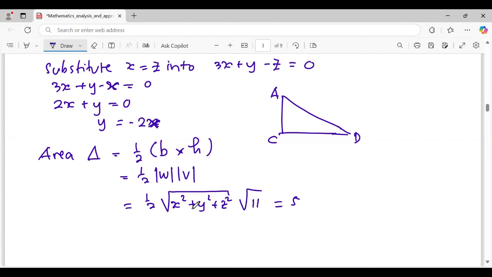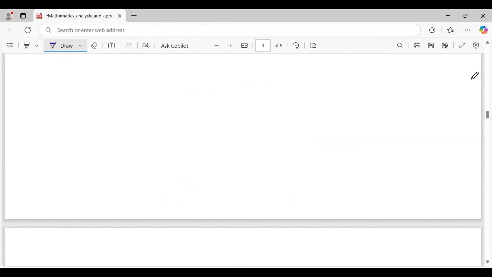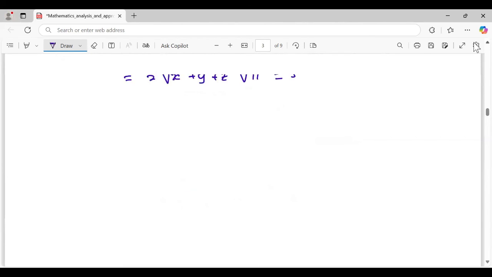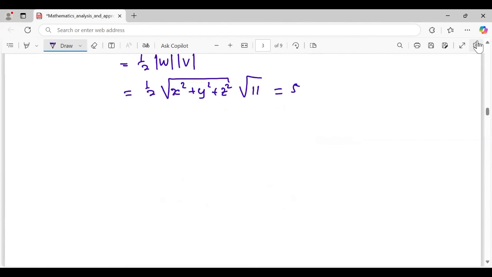So square root of X squared plus Y squared plus Z squared times square root 11 equals 10, because 2 multiplied by 5.